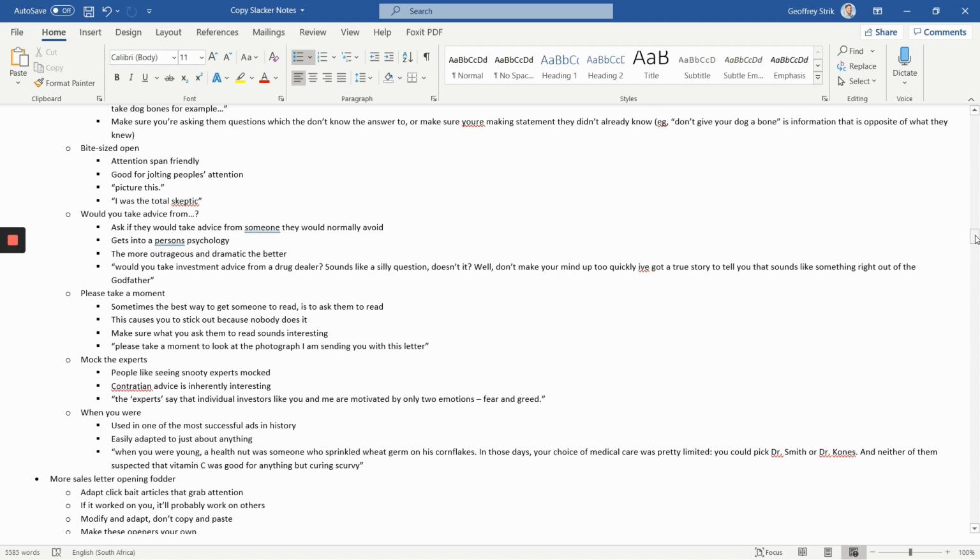The next opener, mock the experts. People like seeing snooty experts mocked. Contrarian advice is inherently interesting. For example, the experts say that individual investors like you and me are motivated by only two emotions, fear and greed.